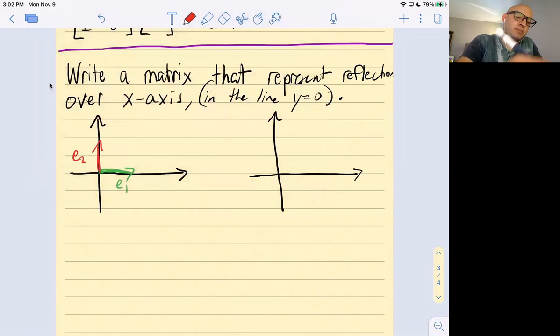And after I apply my matrix A, imagine the left side is my piece of paper. After I apply the matrix A, I'm going to observe what happened to my piece of paper. And then I'm going to use this observation to be able to write down the actual 2x2 matrix that A should be.